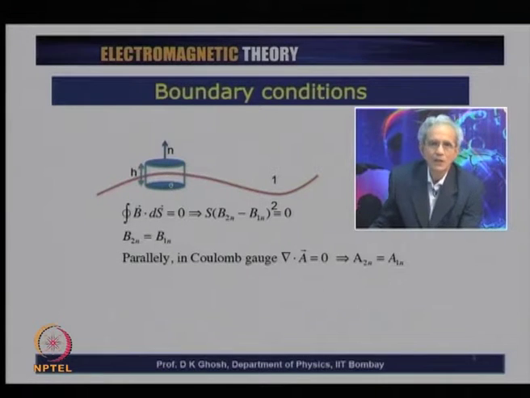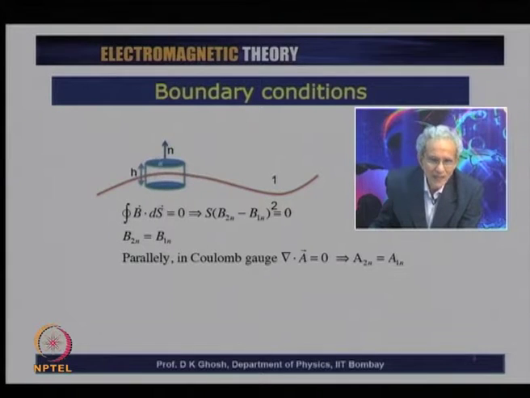So, as a result, I need to only worry about the contribution from the top surface and the bottom surface, the two caps. Since B dotted with n, and the normal n is outward, I get B times S, where S is the area of this cap, and then I put a minus sign here because the direction of the normal on the second face is opposite to the normal n there, and since I have decided that this would be my direction of n, this is equal to S times B2n, that is the normal component on the second surface, minus the normal component on the first surface, and that must be equal to 0.